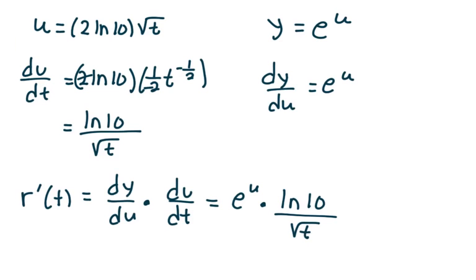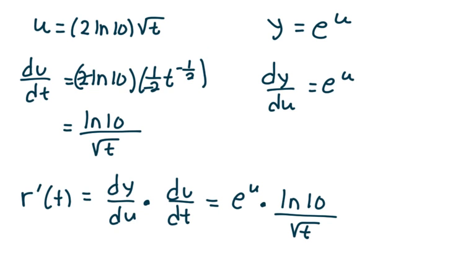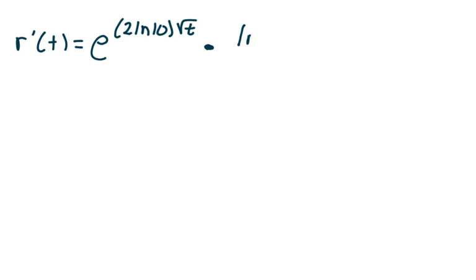So r prime of t is equal to e to the 2 natural log of 10 times square root of t times, and then I'm going to multiply by natural log of 10 divided by the square root of t.